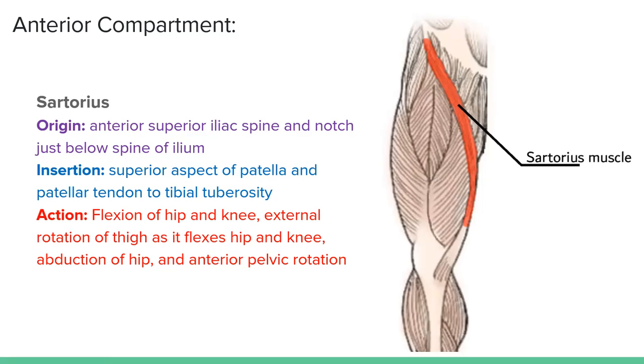And then the action of that one, this one does a little bit more. So it does flexion of the hip and knee, external rotation, externally rotating the thigh as it flexes the hip and knee, and then abduction of the hip, so going away from the body, and anterior pelvic rotation.